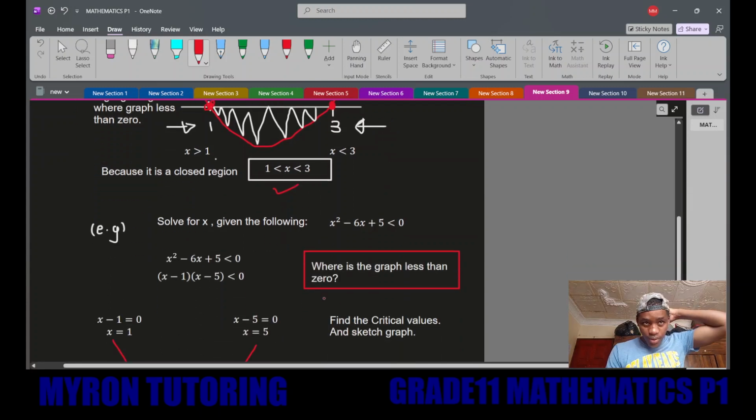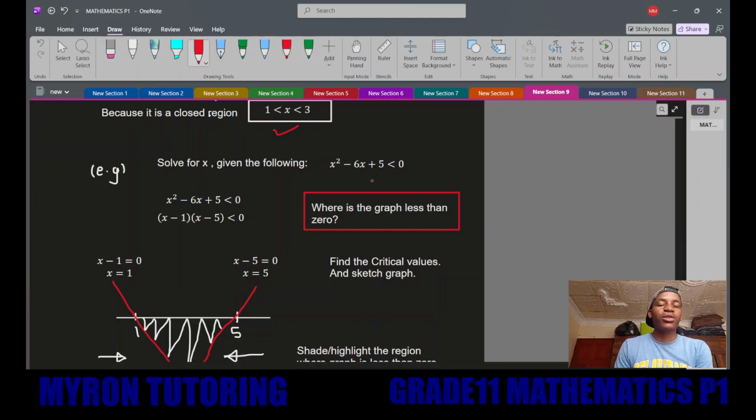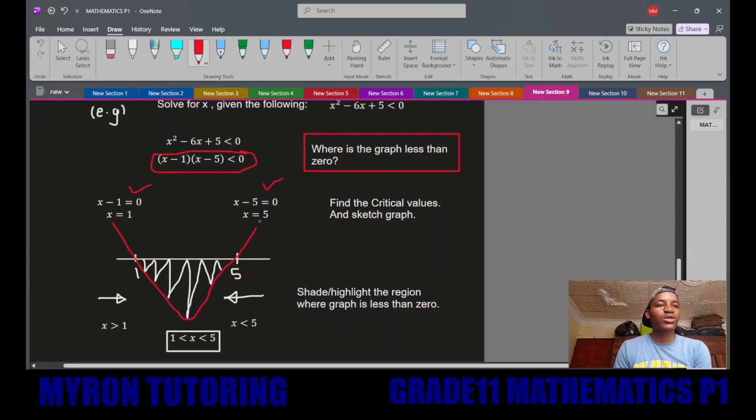So let's do another one. Solve for x. For the given equation, let's look at where it is less than 0. First step, factorize to find critical values. Critical value number 1 is x equals 1. Number 2 is x equals 5.